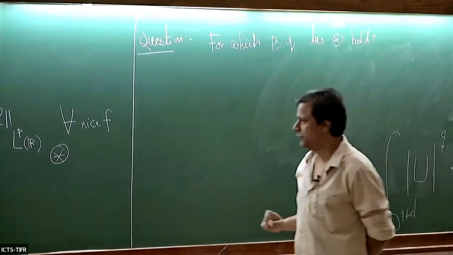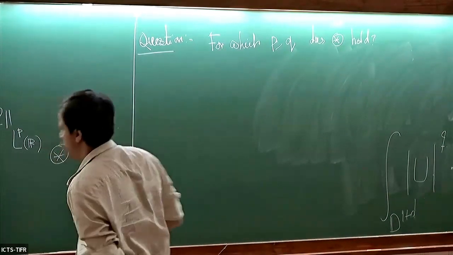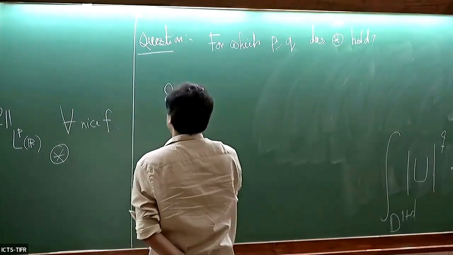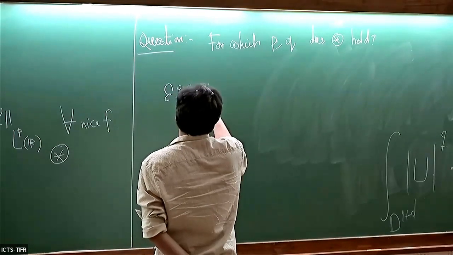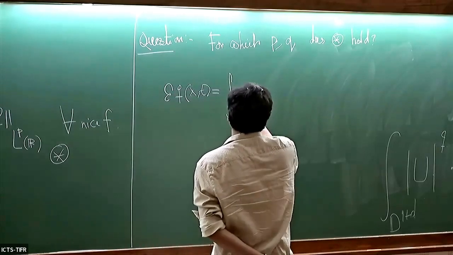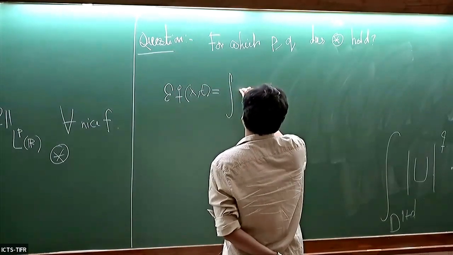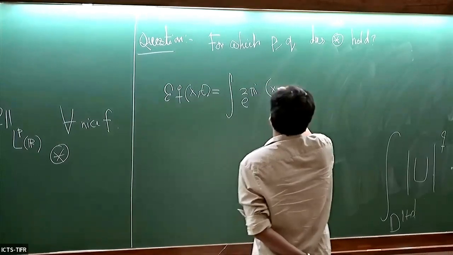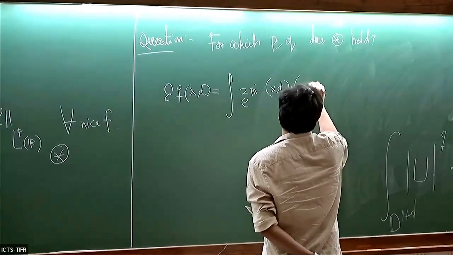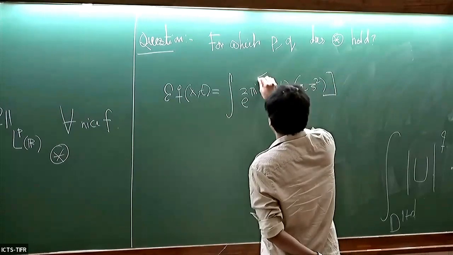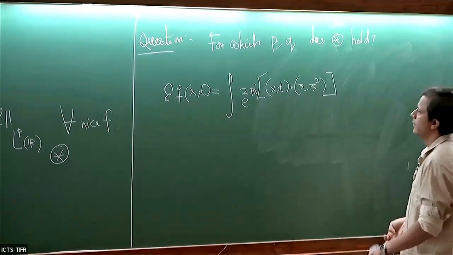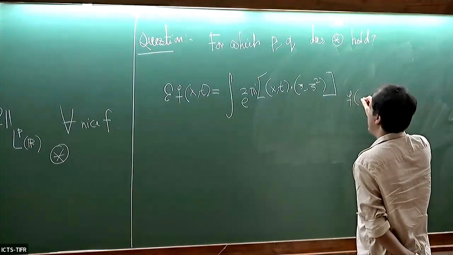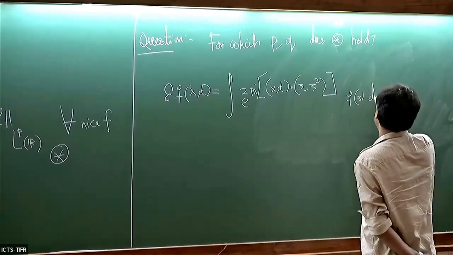For this, let us introduce a notation that we call the extension of f at (x,t), defined by the integral of e to the 2 pi i (x,t) dot (zeta, zeta squared), f hat of zeta d zeta.